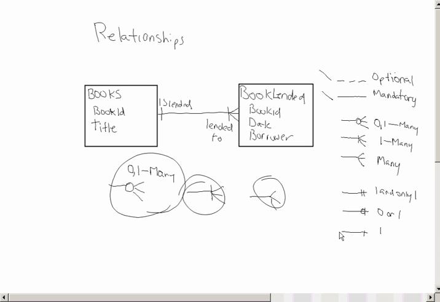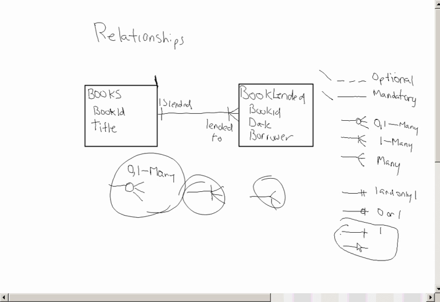So, for example, if I have a straight line, or in many cases, a straight line with a single bar through it, that means that I must have 1 on this side. So, for any records that exist in the book lended, it means that I must have at least 1 book that corresponds to it. And that is what this means.